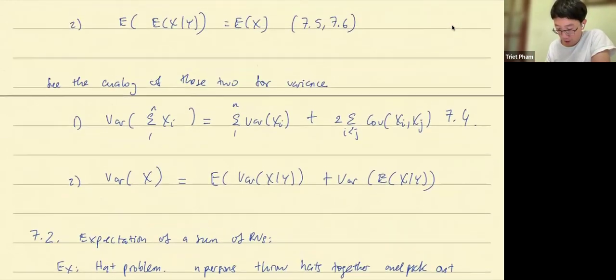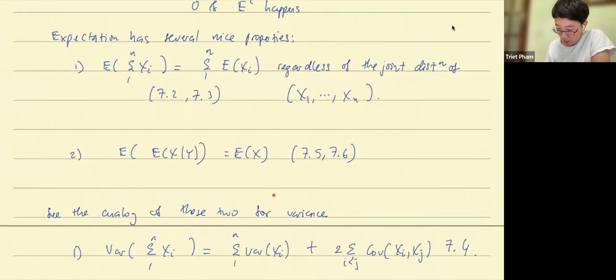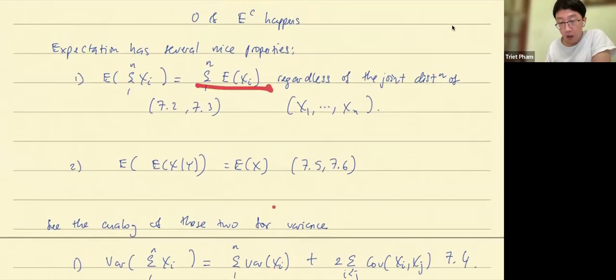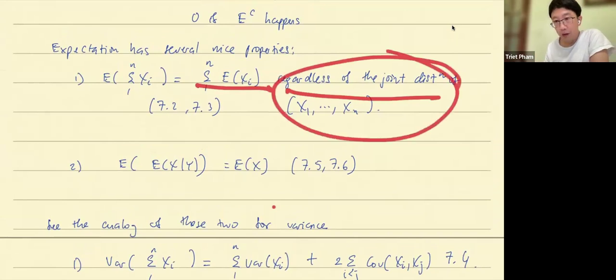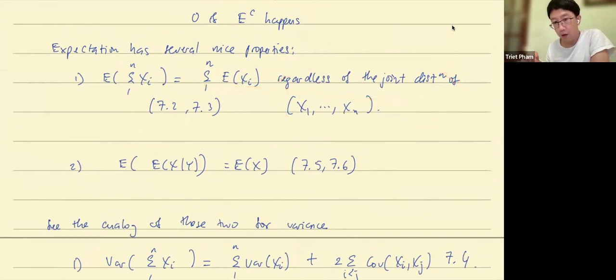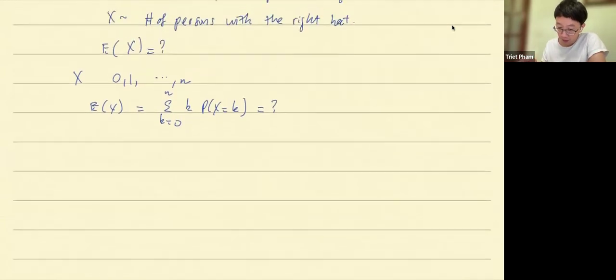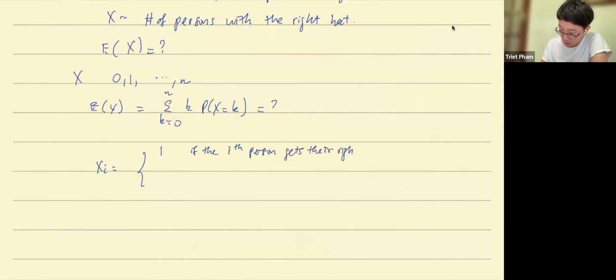Because the expectation of the sum is the sum of expectations, regardless of how the individual terms behave together, and the individual terms can be much easier to deal with. What does that mean? For example, in this context, you let Xi be 1 if the ith person gets the right hat, and 0 otherwise.